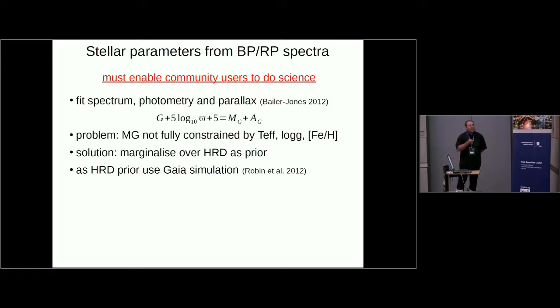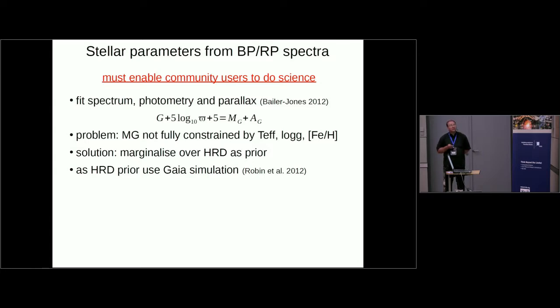So instead we take a simulation of the Gaia catalog that takes into account our theoretical knowledge of the stellar population, plus all the selection effects, the observational limitations of Gaia, and thus changes what the observed Hertzsprung-Russell diagram would look like. All right, so that's the MCMC, which is motivated by enabling the users.